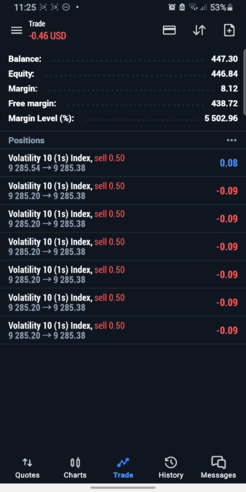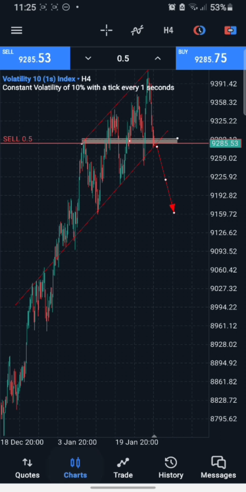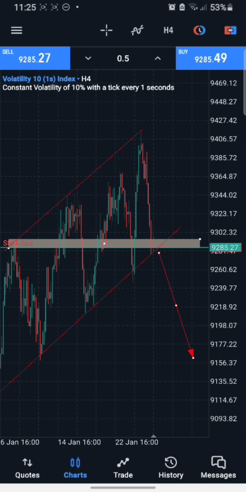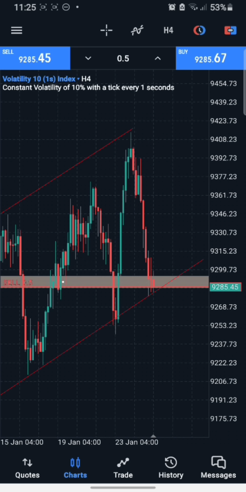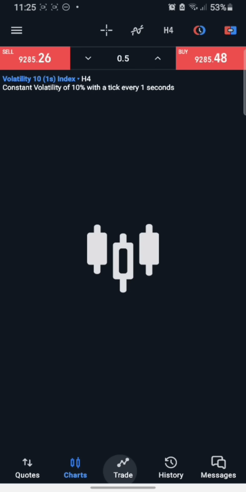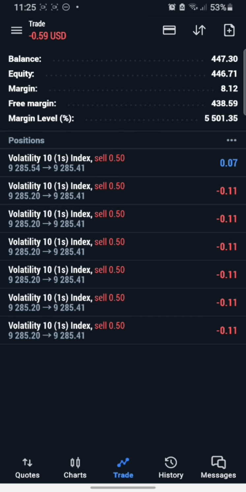So after facing that trailing support, the market shows that they are very powerful bears. The powerful bears are going to push the market even more down, so you're just going to ride it and go down with it.